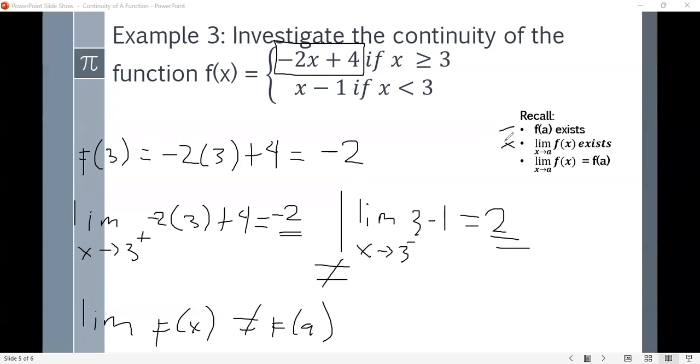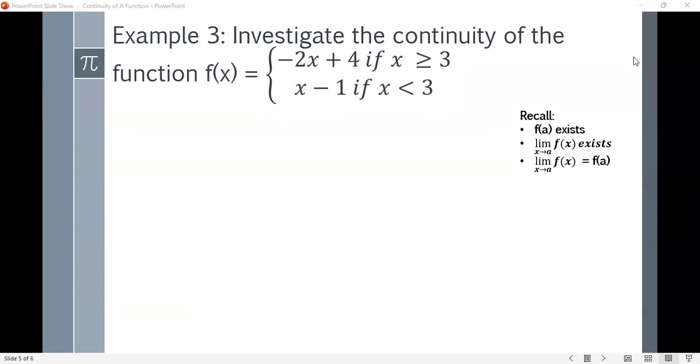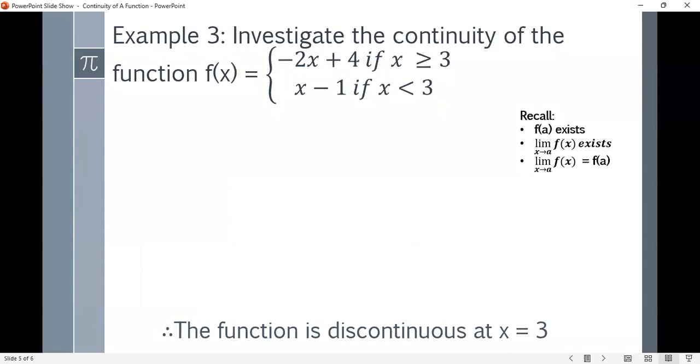So, ibig sabihin, hindi po natin na-satisfy yung ating pong conditions para malaman kung continuous po yung ating function sa a certain value ng x. So, clear ko lang po itong drawing natin. And then therefore, the function is discontinuous at x equals 3.